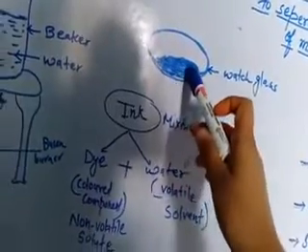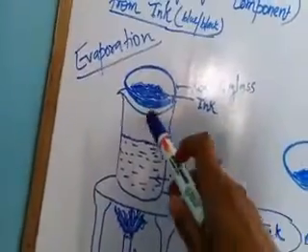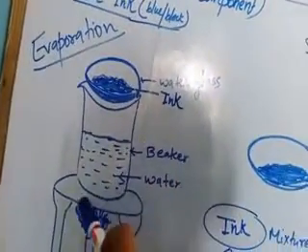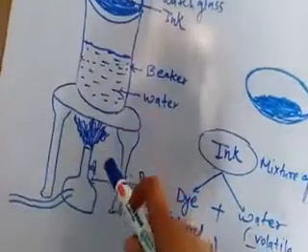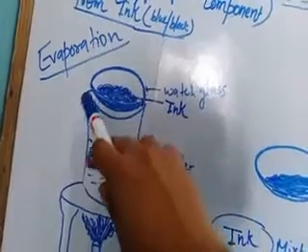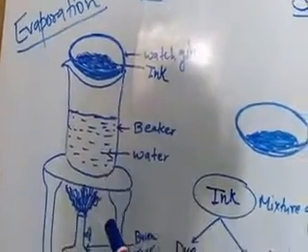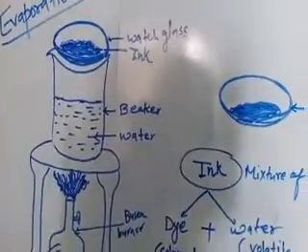So we will take some ink droplets in the watch glass, and we will keep it on the mouth of the beaker half filled with water, and we will start heating it. We need not heat it directly, so we will heat it by putting it on the mouth of the beaker.